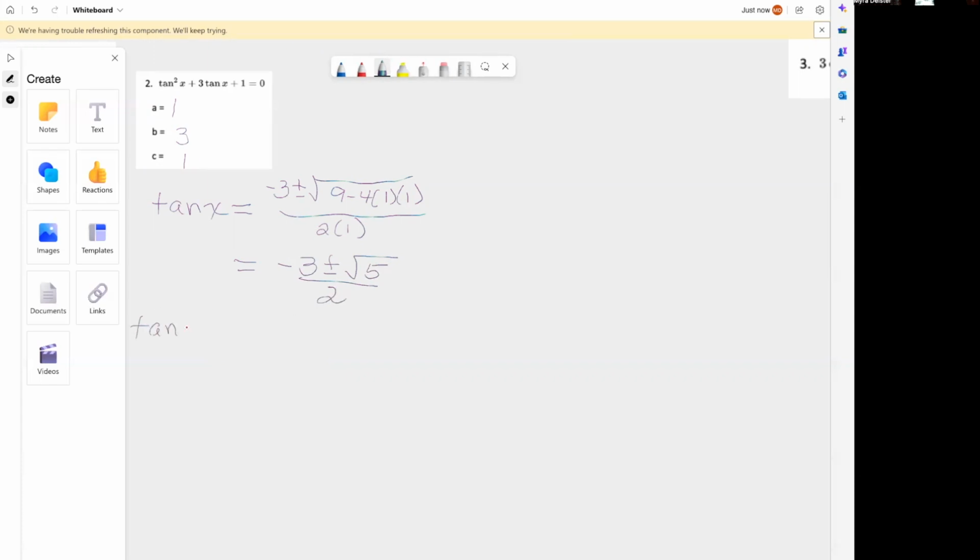I have tan x equals negative 3 plus the square root of 5 over 2, and tan x equals negative 3 minus the square root of 5 over 2. So I need to take the tan inverse. So let's see what we get.